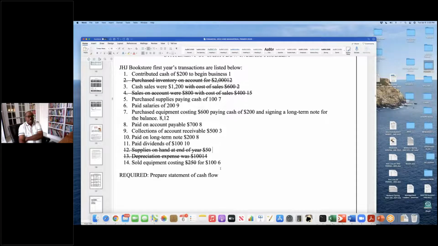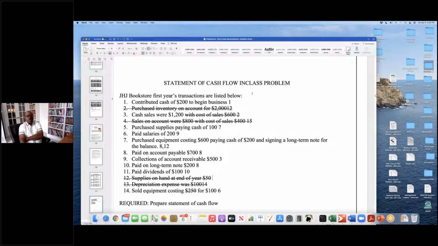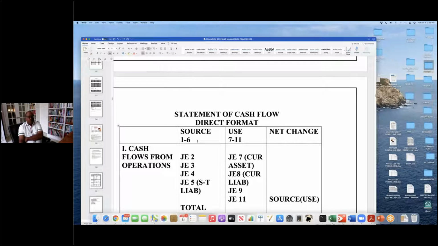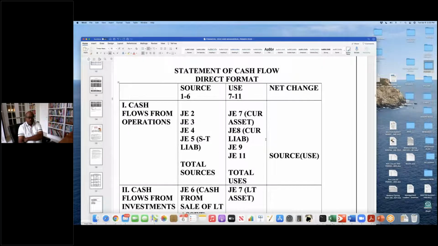But the bottom line is that when we get ready to prepare the cash flow statement, we only want cash transactions. We only want transaction types 1 through 6, 7 through 11. If it's a 2, 3, 4, or 5 short term, it's in operations.